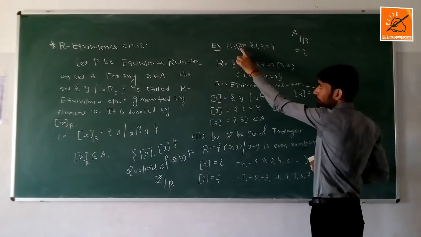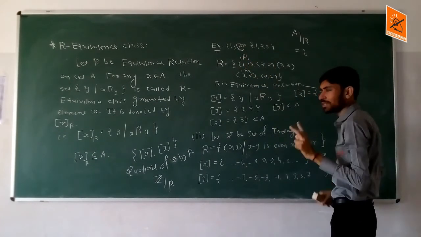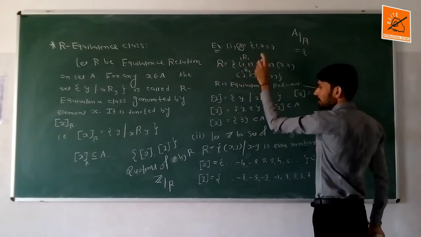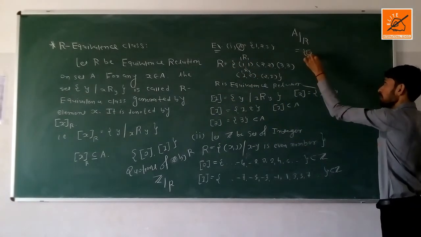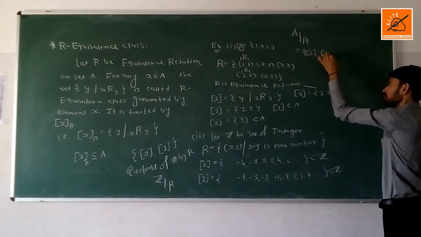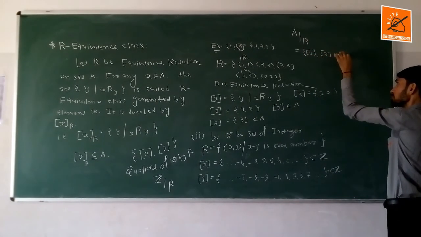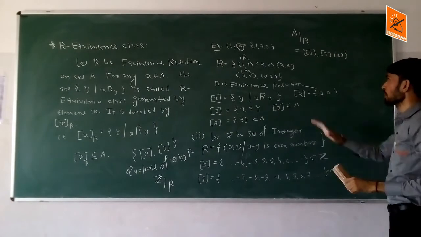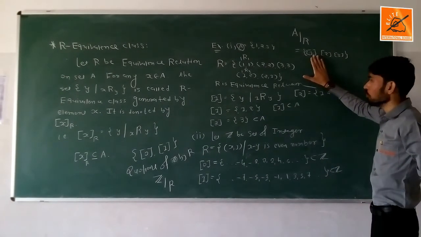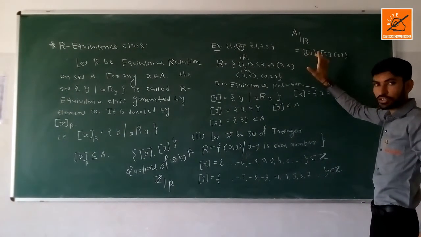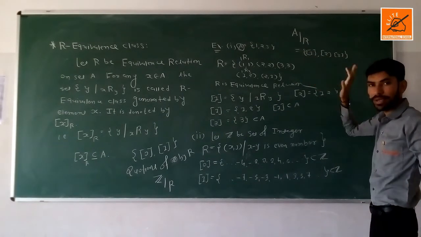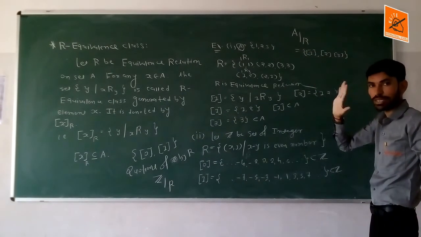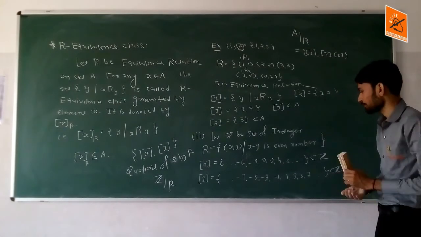In our first example, we have 3 equivalence classes: 1, 2 and 3. We make the set of them, and this is called the quotient of A by R.